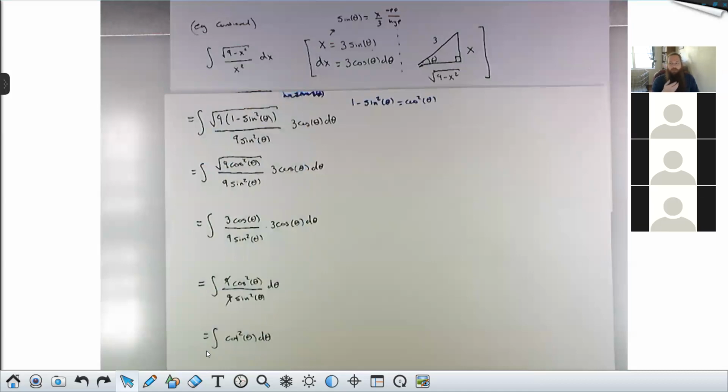Yes, please. Go ahead. Sorry, when you make that triangle, it makes the square root of 9 minus x squared, which resembles the initial part of the problem. Is this like a pattern we could expect to see in certain kinds of problems, or is this a coincidence? Not a coincidence. It's a pattern you can expect to see. Not 100% of the time, but 90-ish% of the time.